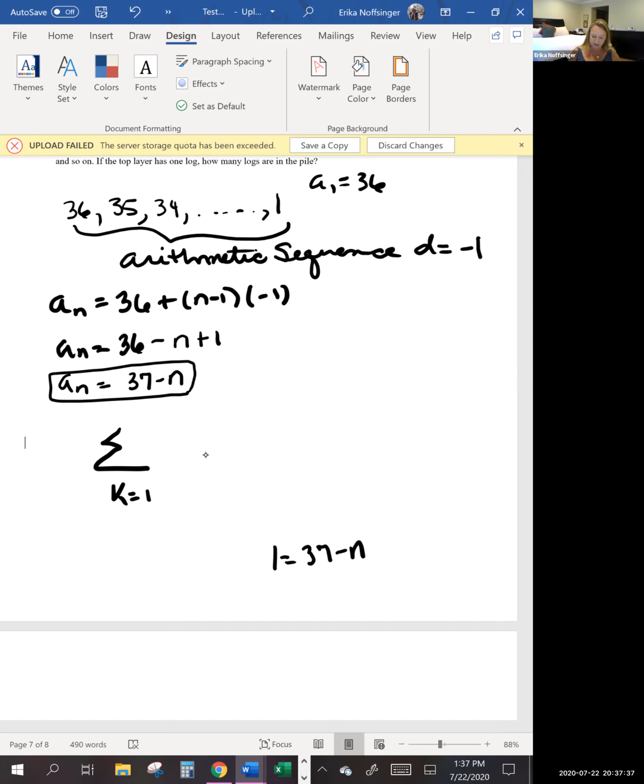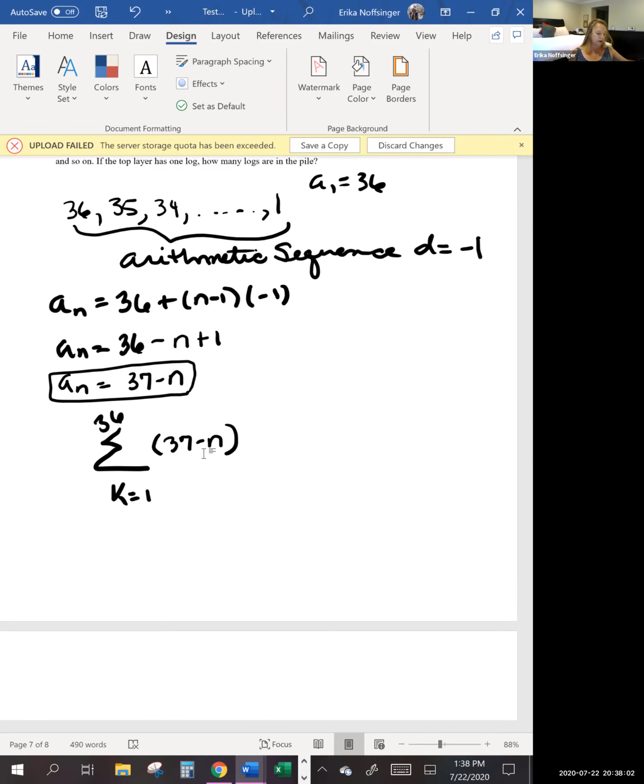If I subtract 37, I get -36 equals -n. So I know that my n value is 36, so I have 36 rows. Just want to make sure, of our a sub n term, which is 37 minus n.